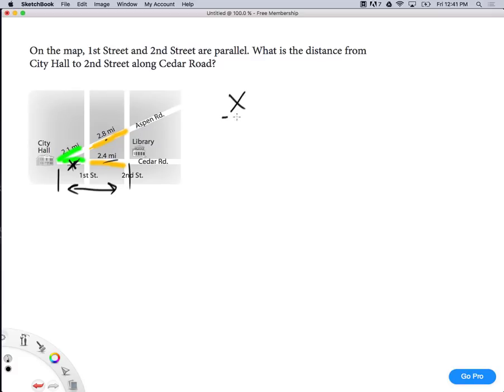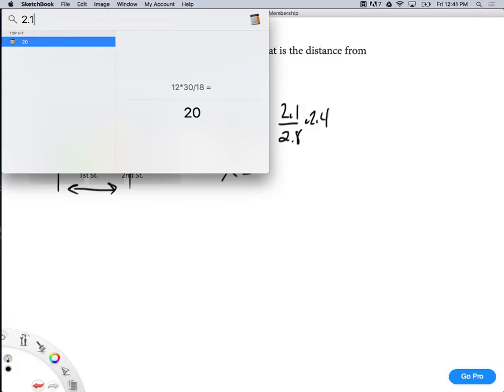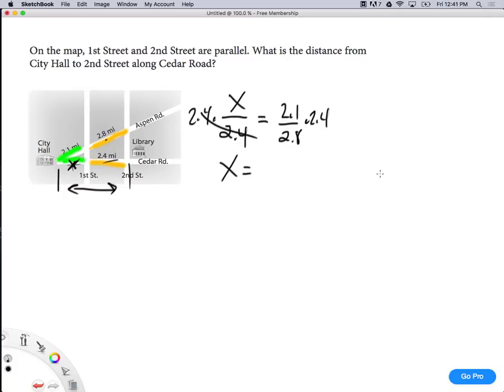So I get x over 2.4 equals 2.1 over 2.8. Multiply both sides by 2.4 and then solve. It is 1.8. So, careful. Did I get my answer?